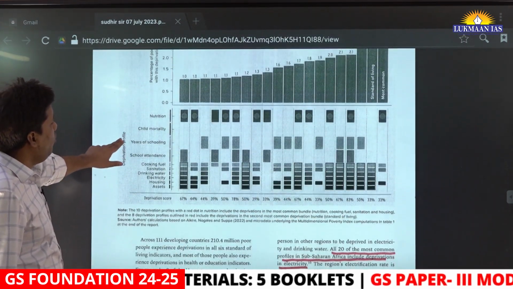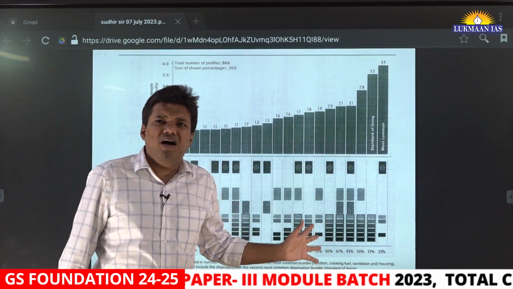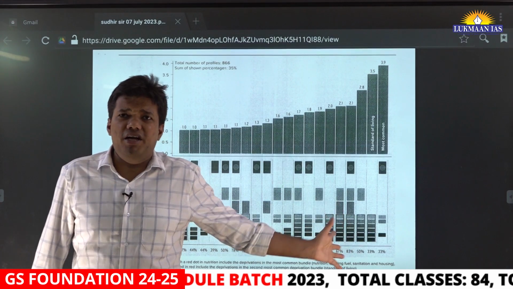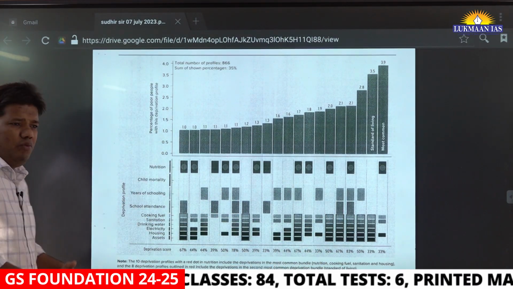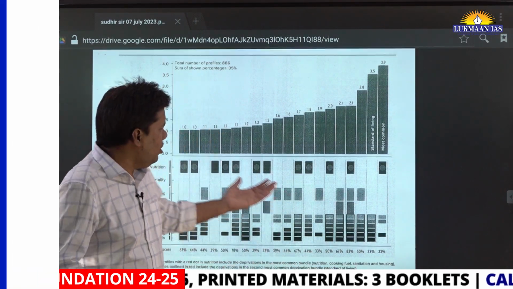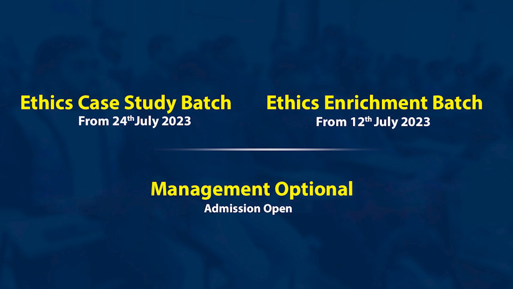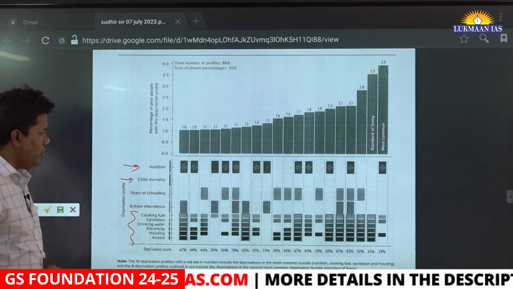Now let us see. When you read this report, when you are preparing for UPSC, you need not devote too much time to such data, but that ability should be there, because once you are selected, you do training, and then when you write policy, you have to understand these reports. So let's say these are the deprivations: nutrition, child mortality, years of schooling, and these are 6 deprivations for standard of living.